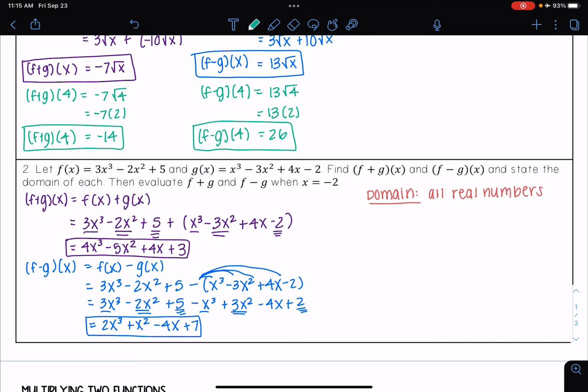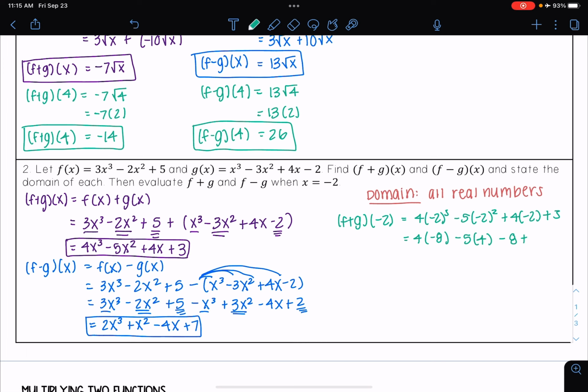Now I need to evaluate both of these when x is equal to negative 2. So starting with f plus g of negative 2, I have 4 times negative 2 cubed minus 5 times negative 2 squared plus 4 times negative 2 plus 3. 4 times negative 2 cubed, I get negative 8. Minus 5 times negative 2 squared, I get 4.